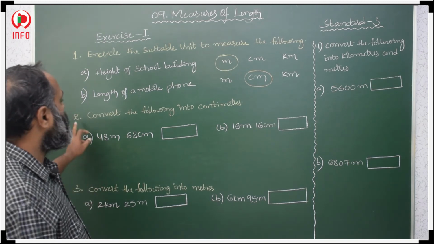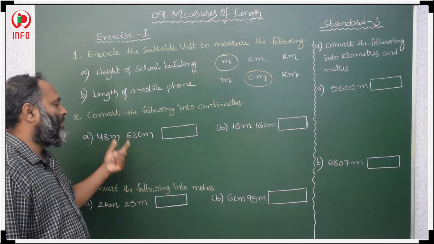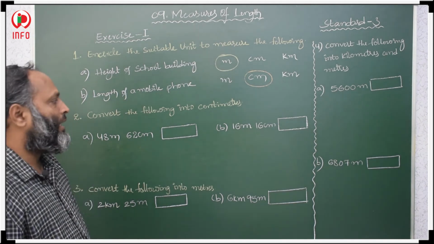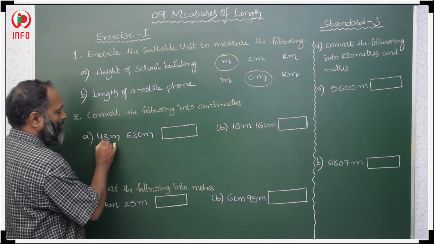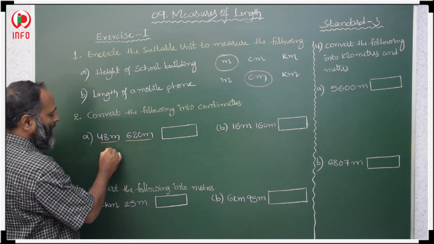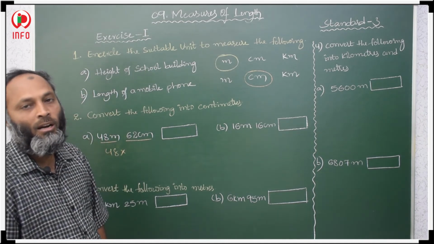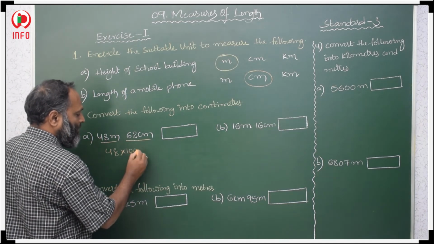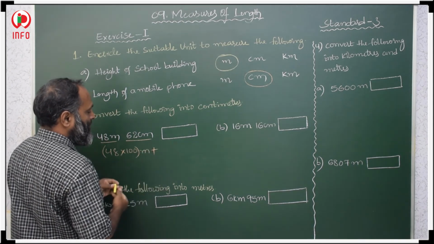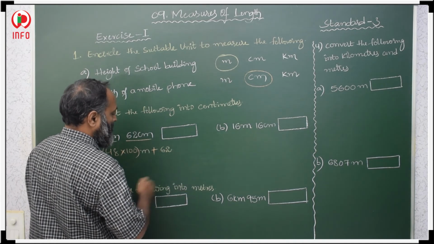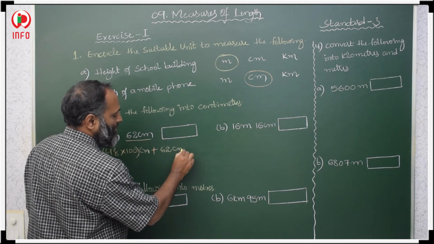Then after that, in the second question, convert the following into centimeters. Here a meters and centimeters combination is given, so we have to convert into centimeters. First, 48 meters and 62 centimeters. When converting into centimeters, we multiply the meters by 100. 48 into 100 plus 62 centimeters.